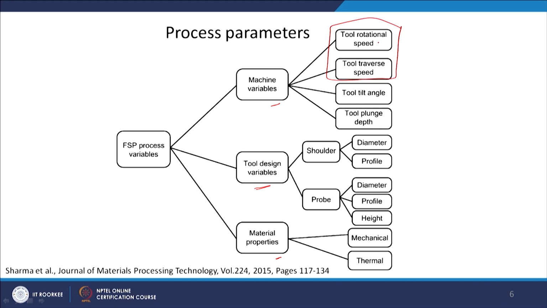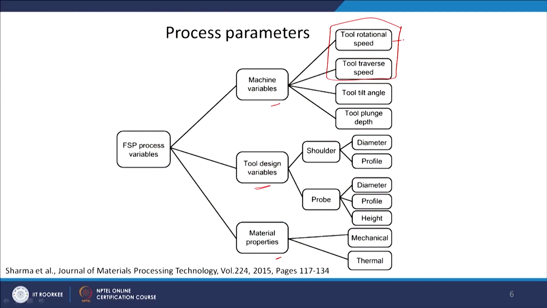Tool rotation: as RPM increases, there will be more frictional heating, because friction between the shoulder and the surface of the workpiece will be more. So high rotational speed will obviously affect the temperature, and the temperature attained will be higher.